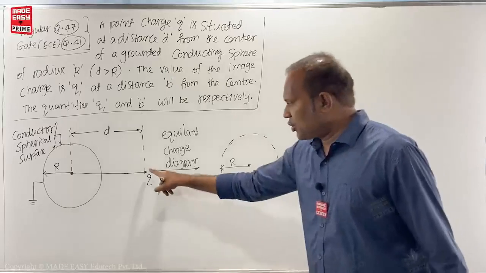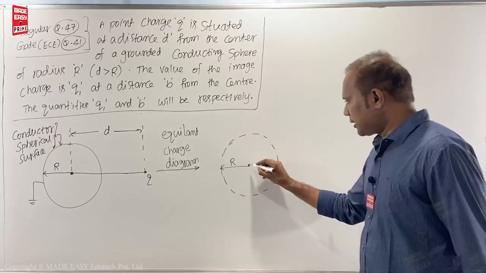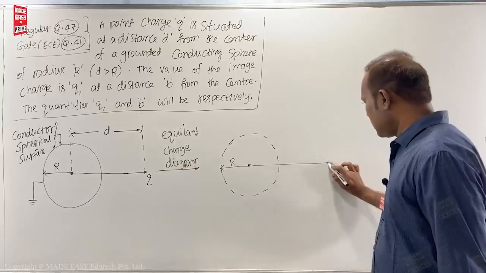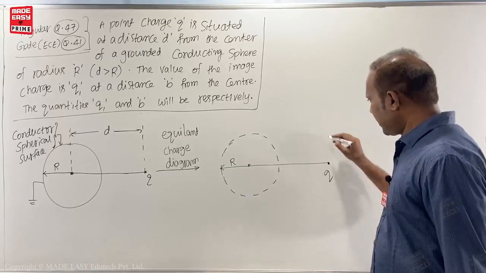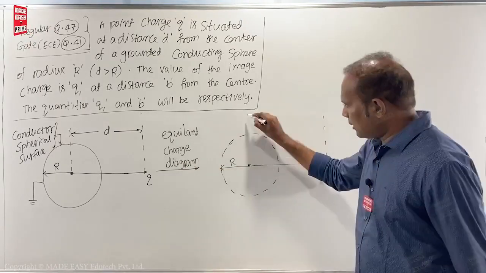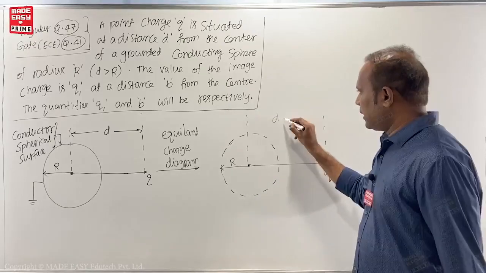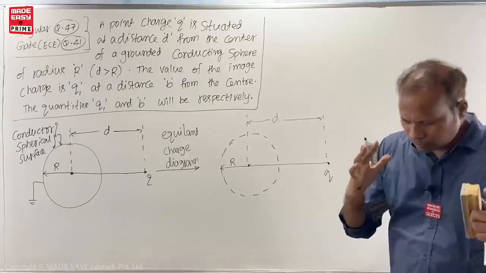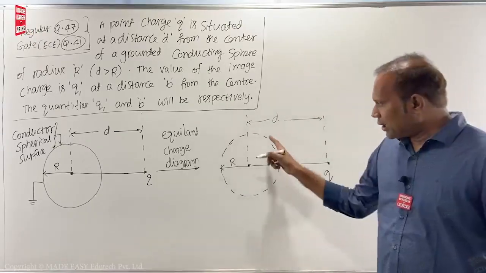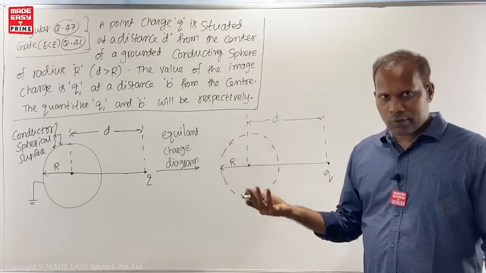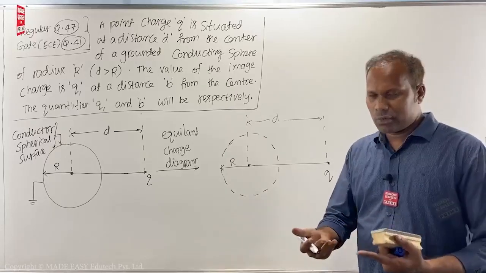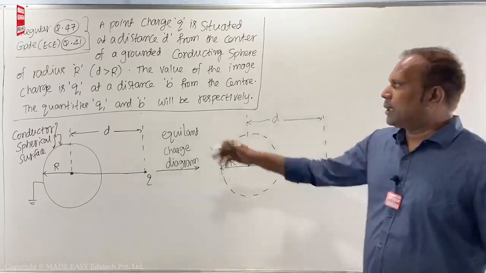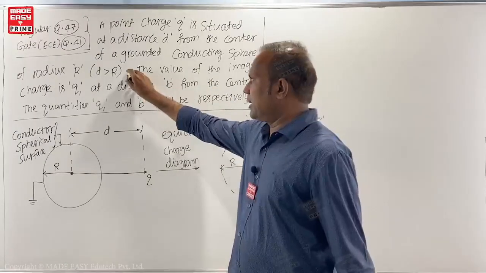Now, what is the charge? Charge is Q. How much distance is it kept? From the center, it should be at a distance d. Now, do you think you got 0 volt here? No. Then what to do to get 0 volt? You have to put an image charge for this one. Now let us read the other half of the question.